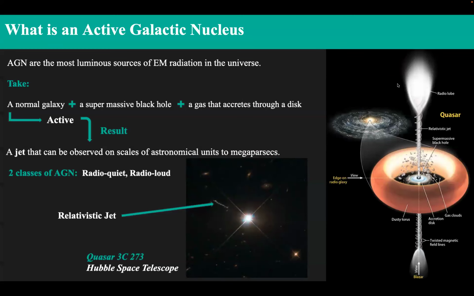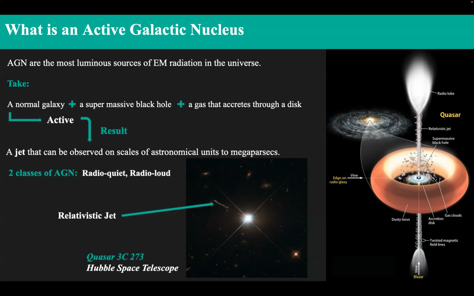Okay, so to understand what the Blazar is, we have to understand what an active galactic nuclei is, or else AGN. AGNs are the most luminous objects in the universe, emitting radiation across the whole spectrum. To simply understand what an AGN is, you have to take a galaxy, put a black hole at the center, and throw some gas that can occur through a disk around the black hole, and then you have a center that's active.